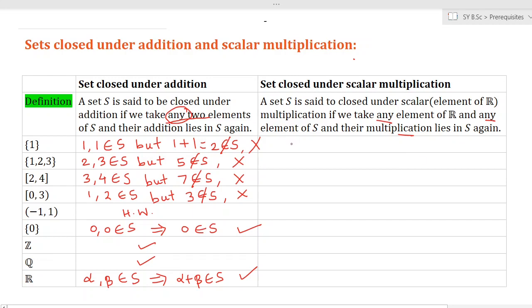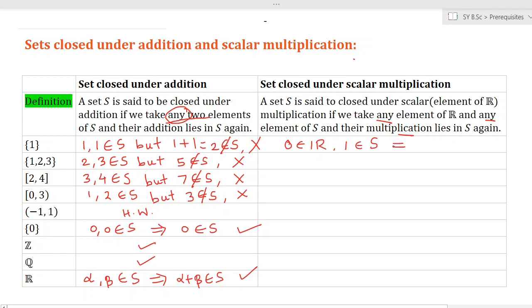Now we have to take any element of R. So in particular I will fix my element of R as 0. So over here 0 belongs to R and I have to take one element of set S, but you already know our set contains only one element, so I have only one choice, that is 1 only.